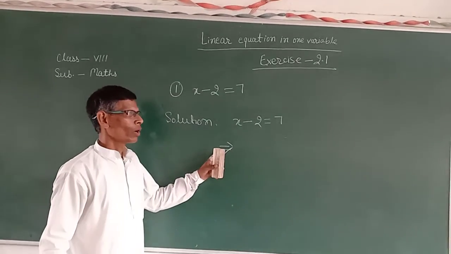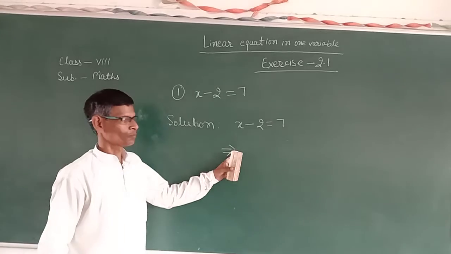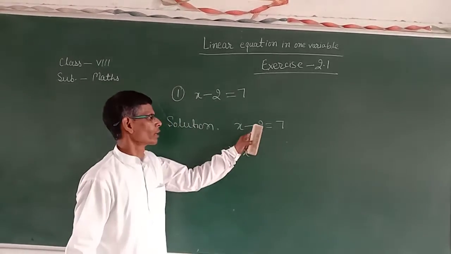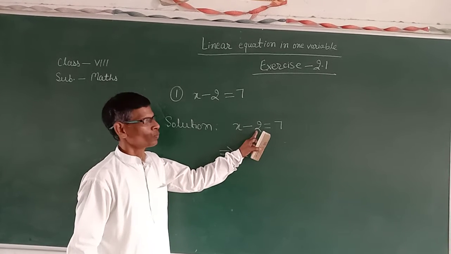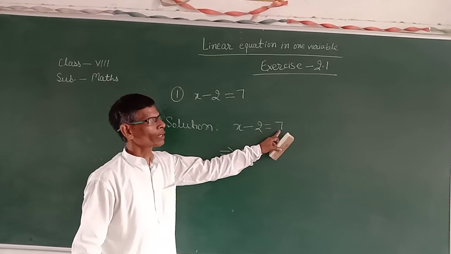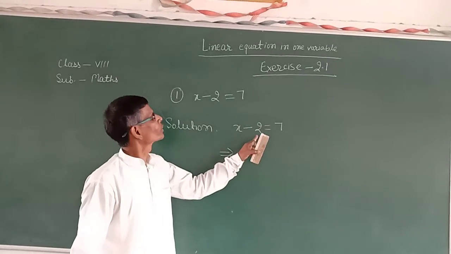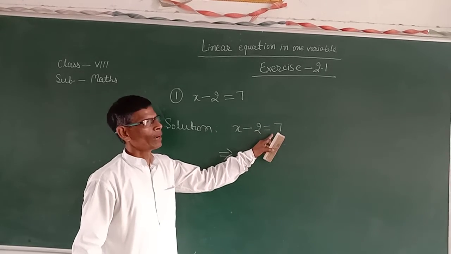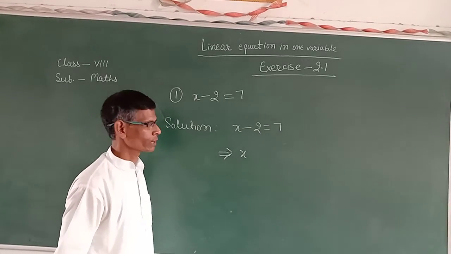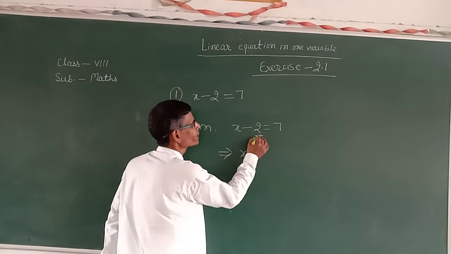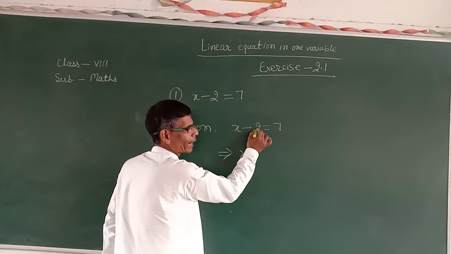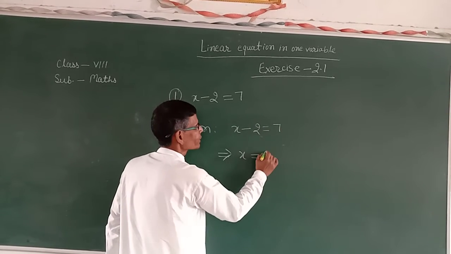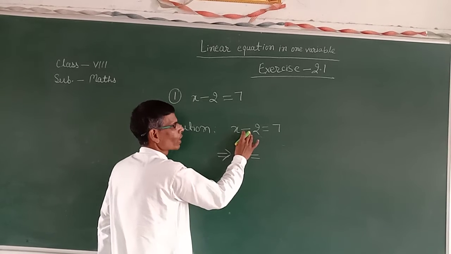Then write the x. Now see, constant 2 is present, and in right hand side only one constant is present. Now try to write both constants on only one side. For this, transpose this constant to the right hand side. This is minus 2. When we transpose it to the right hand side, then it becomes plus 2.